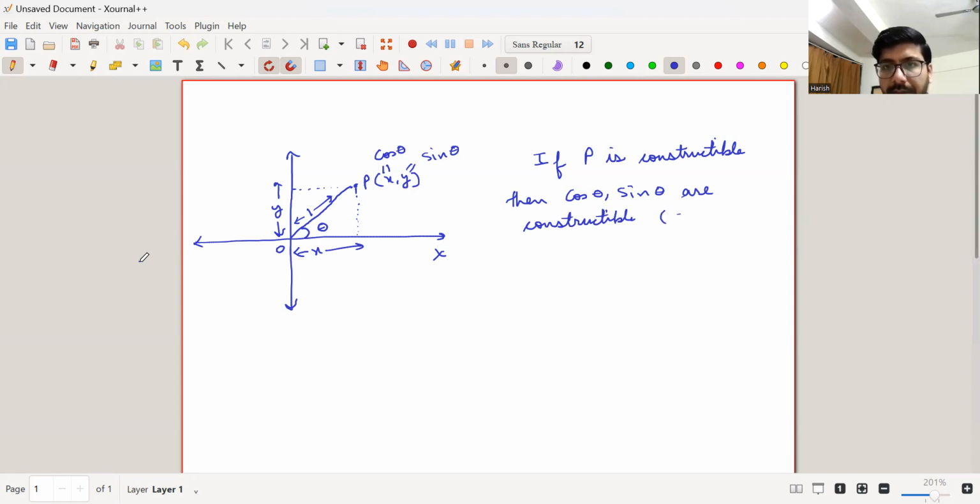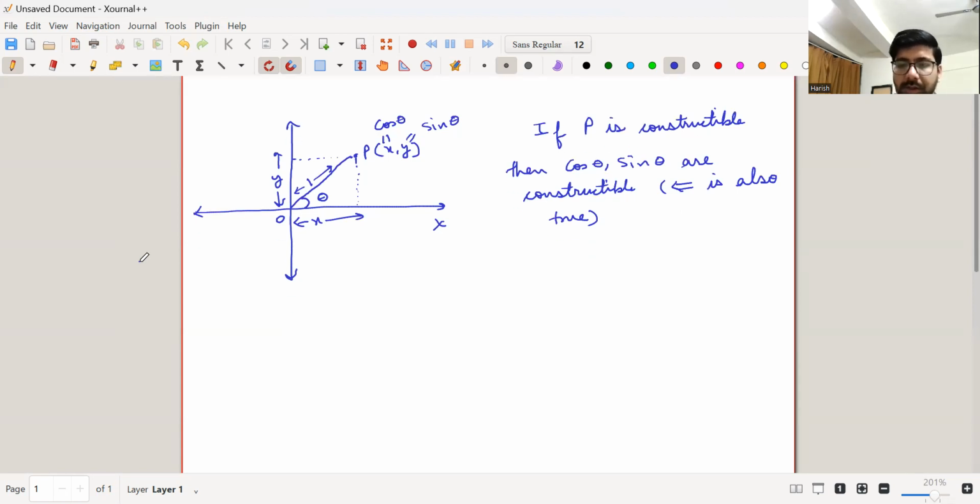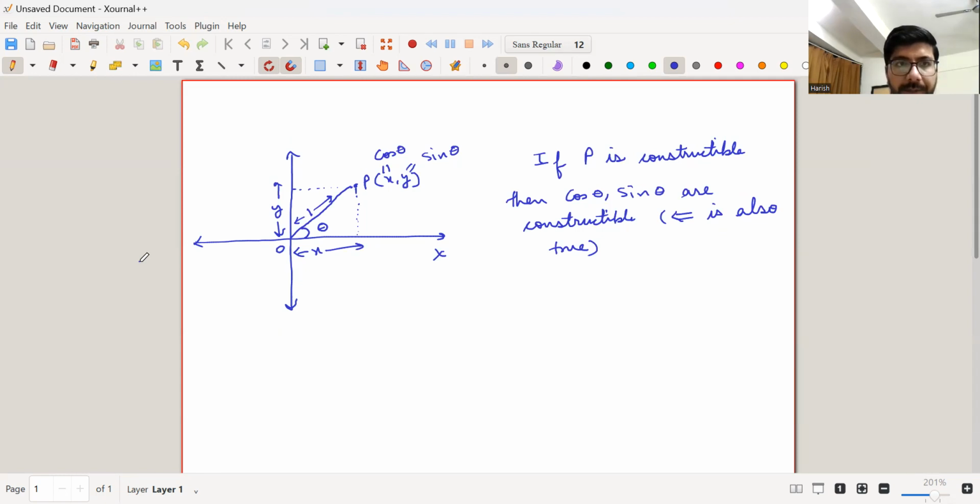The converse is also true. If you can construct cos theta and sin theta, you can construct P, because you can take the x length to be cos theta and the y length to be sin theta. This is from week 1.